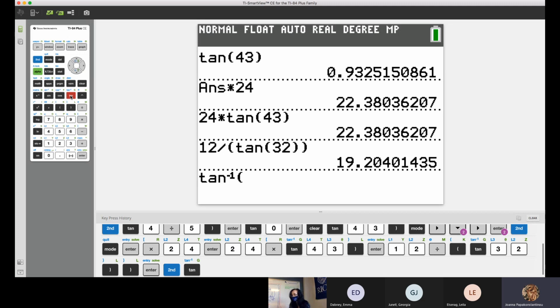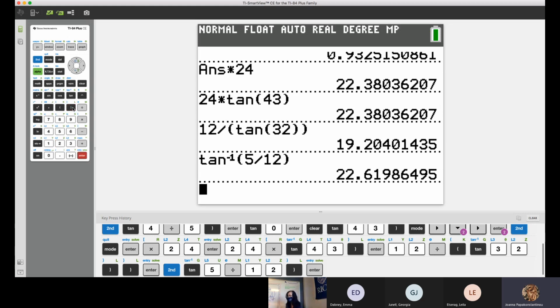Can we get the inverse tan of, and what did we say? 5/12. So 5 divided by 12. I'm going to close the parentheses. And lo and behold, there's our degree measure. The inverse tan of 5/12, the measure of angle A, is approximately 22.6 degrees.